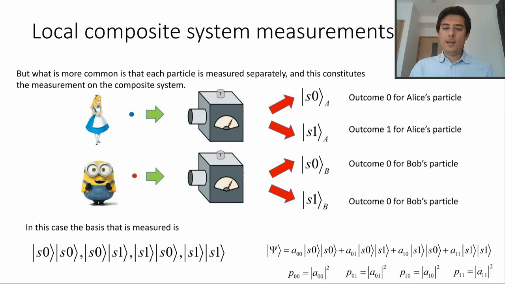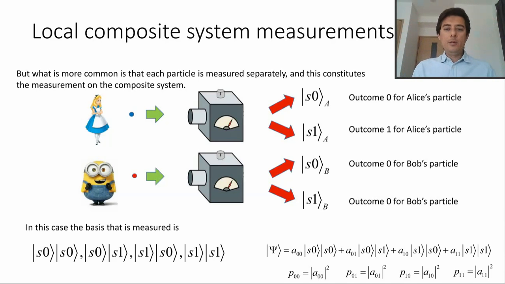One particle is here, that's one quantum state, so it's natural to measure that particle, and then measure the second particle separately, right?